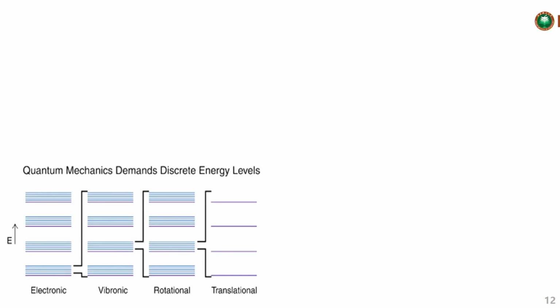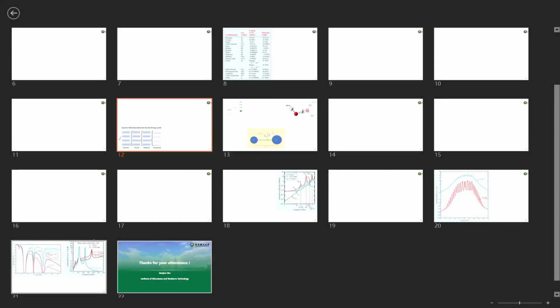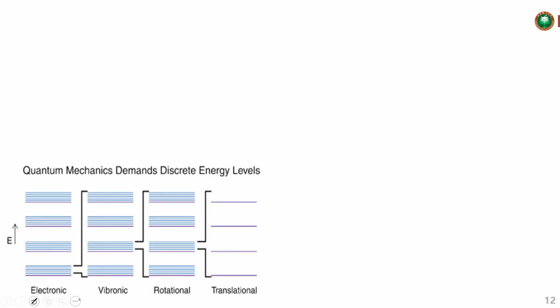So when we come back to this diagram, here is the electronic, and the vibrational and the rotational here.